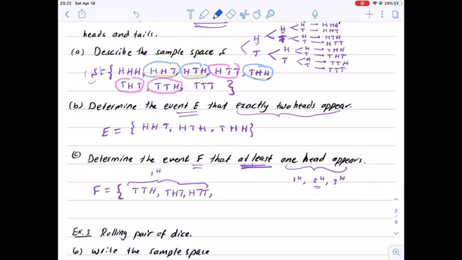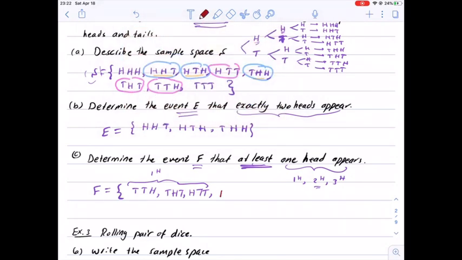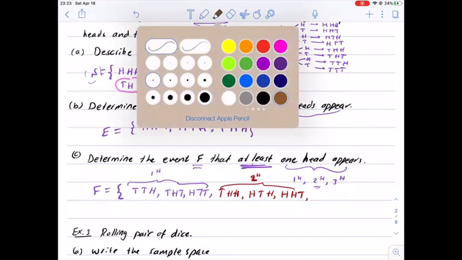Now two heads, we have this, this, and this. So we have tail, head, head, head, tail, head, or head, head, tail. So this means two heads.